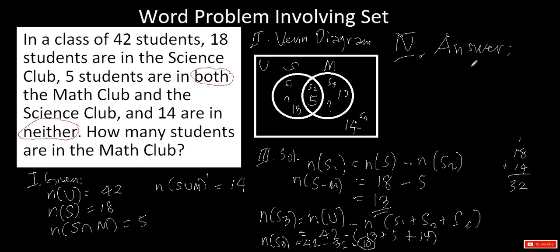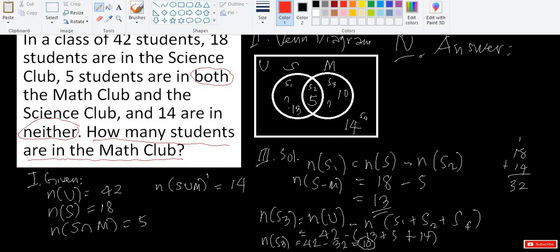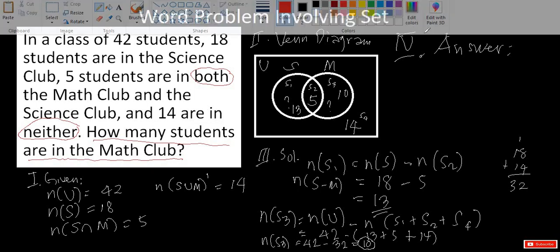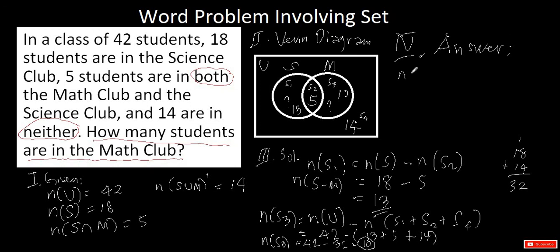So to write our answer to the problem, let's go back to what is asked in the problem. So what is asked in the problem? How many students are in the math club? Okay, so what is being asked in the problem is the cardinality of the set of students who are in the math club.